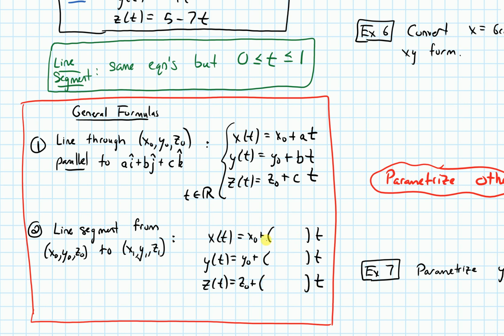And what that something is comes from the vector that connects these two points. If I call this point P0 and this point P1, the vector from P0 to P1 is going to be x1 minus x0, y1 minus y0, z1 minus z0. And those components are what goes in these parentheses. So it's x1 minus x0, y1 minus y0, and z1 minus z0.